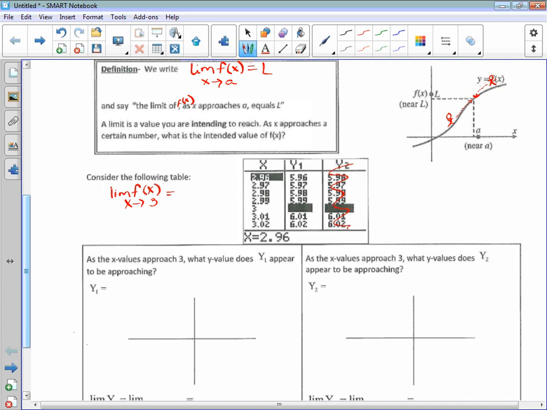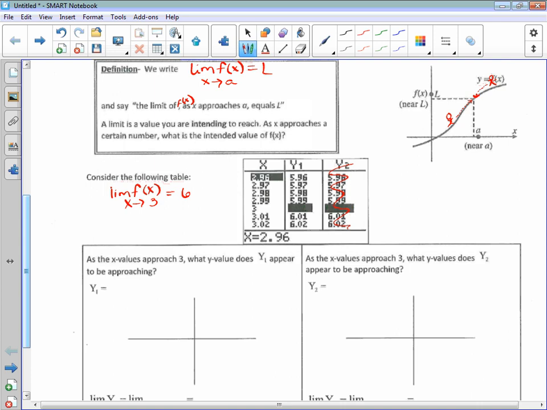So when x is 3, we don't have a value. But look as you get closer to it from one direction and closer to it from the other direction. What y value do you see it squeezing in on? 6. That is the limit. Okay, so from a table, that's all you do. You look at the values on either side. What is it getting really close to? Your graph never actually touches 6, but it gets really, really, really close to it.